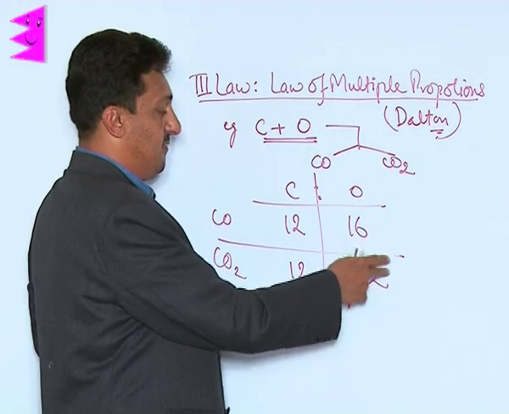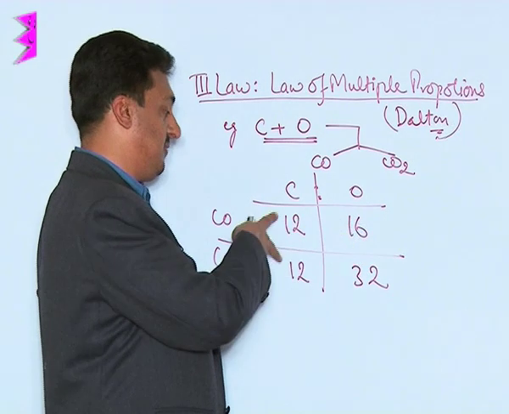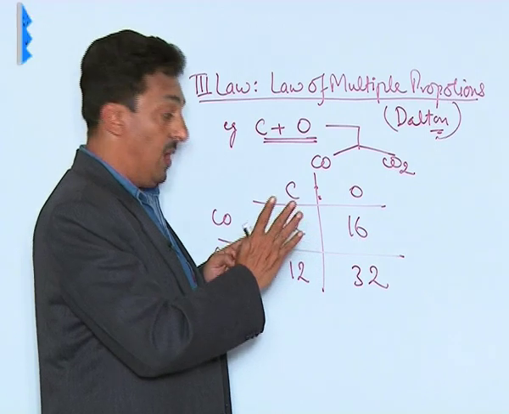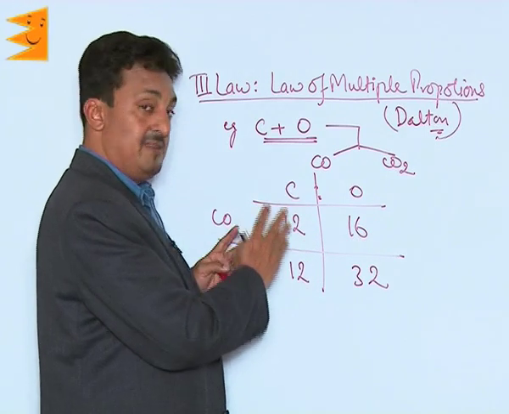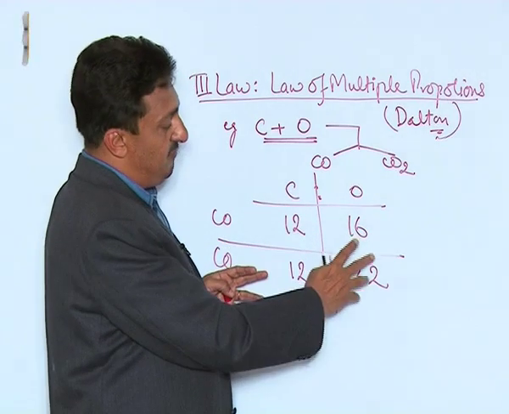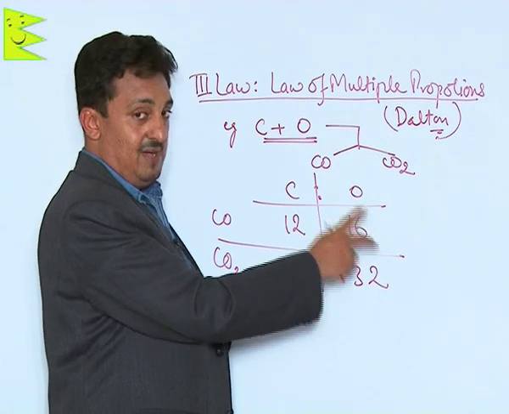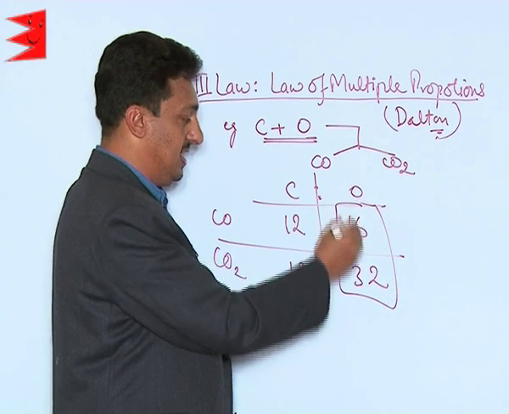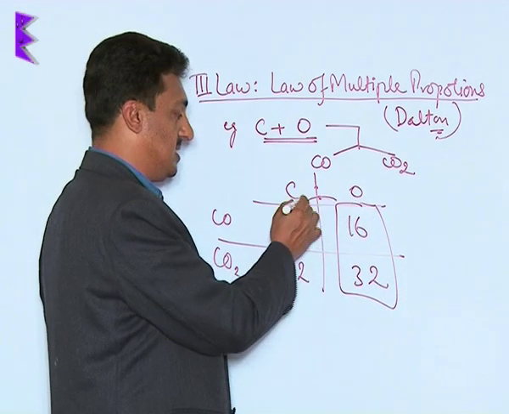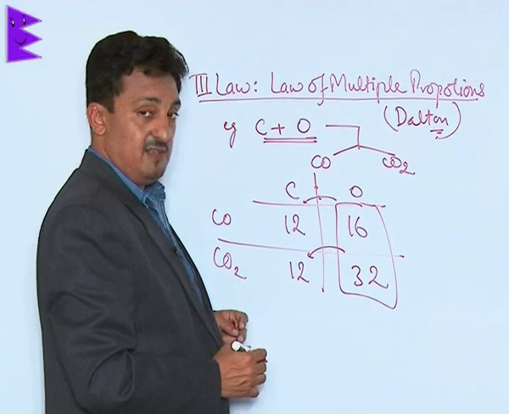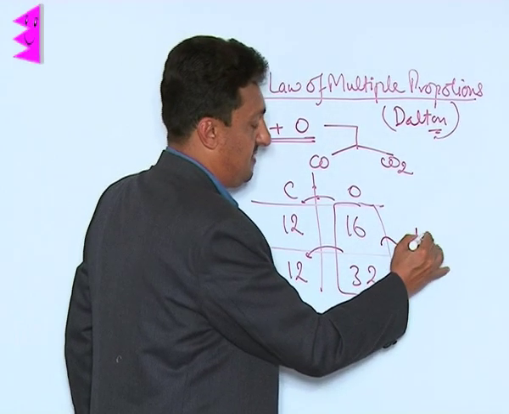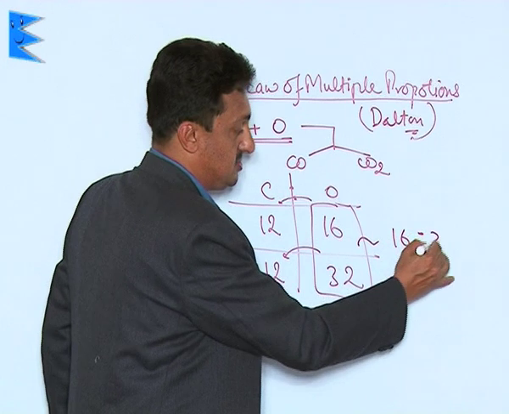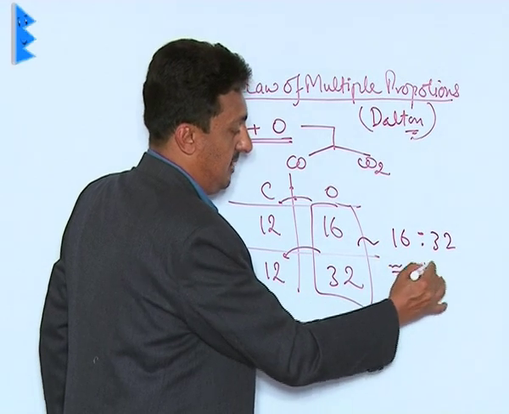Now you can see we have different masses of oxygen and fixed masses of carbon. If it is not so, we will make the mass of one of the elements constant, and then find out the ratio of the masses of the other element. Since the oxygen has variable masses 16 and 32 combining with the fixed mass of carbon, the ratio is 16:32, which is again 1:2.